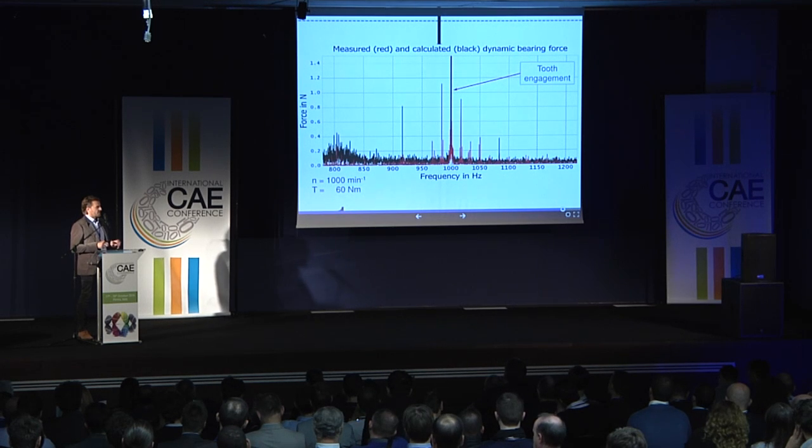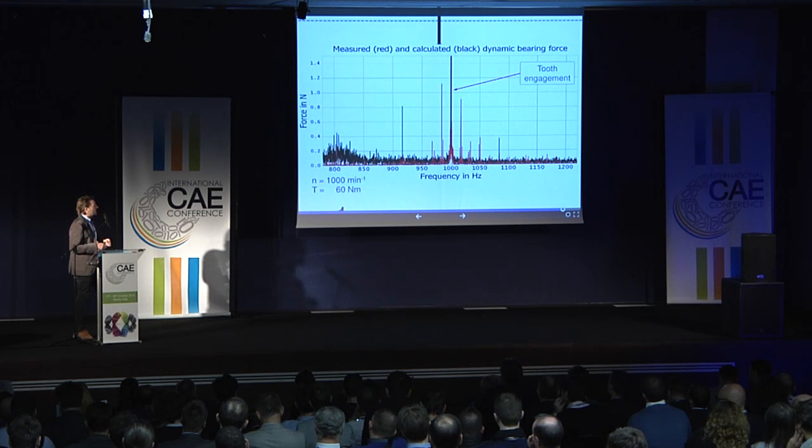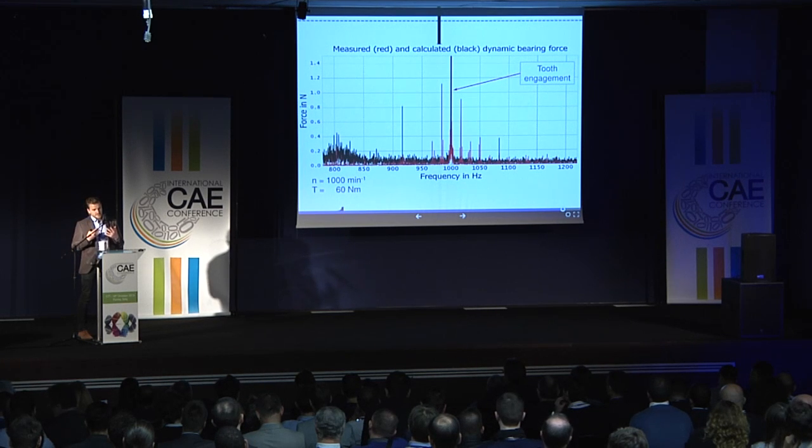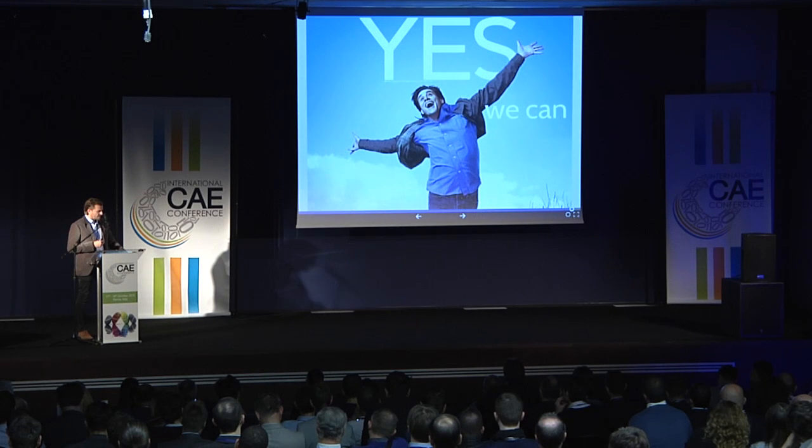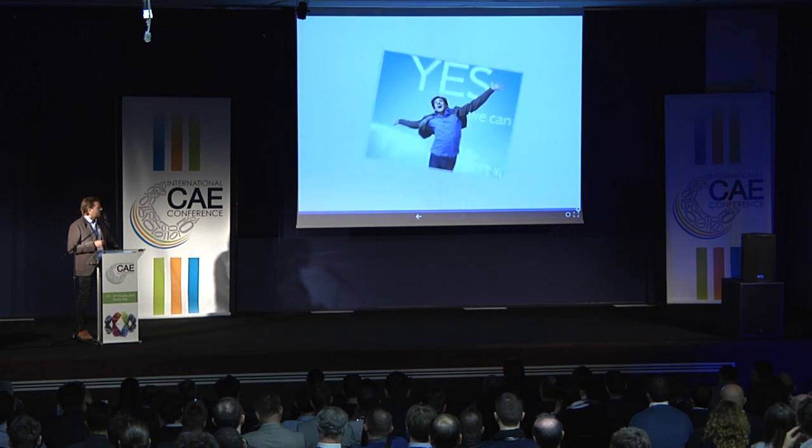For a simulation of this easy model, there are like 14 days running, so it is not too easy to do parametric studies. Okay, so what is the result? The result is we are on a good way. We have a very good model of our powertrain because the dynamic behavior is working, but it is not over yet and still going. But at least we could say about the dynamic bearing force, yes, we can. Thank you very much.